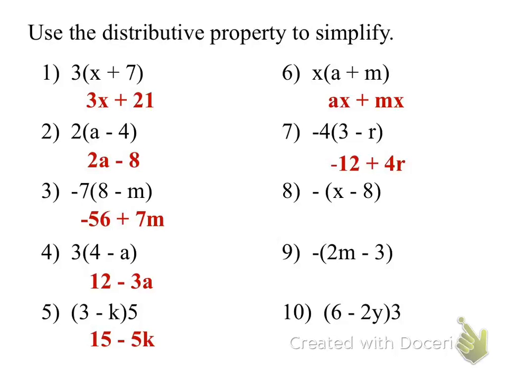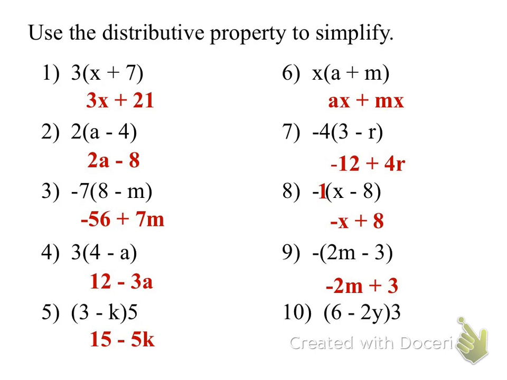Number 8, think of that like it's a negative 1. Negative 1 times x and negative 1 times negative 8. That becomes negative x plus 8. Negative 2m plus 3. And number 10 is 18.